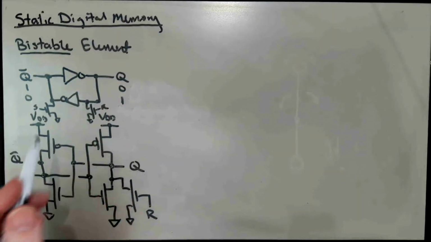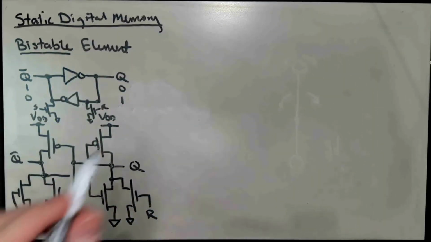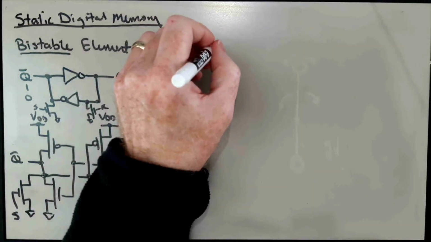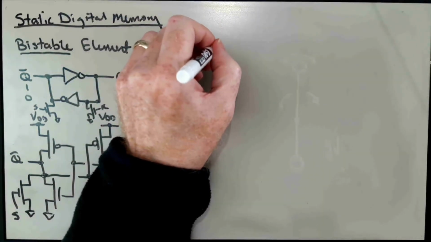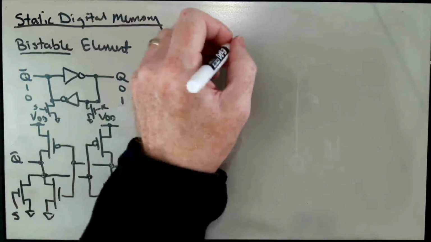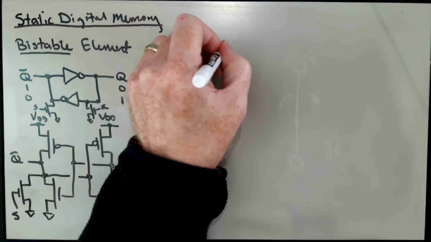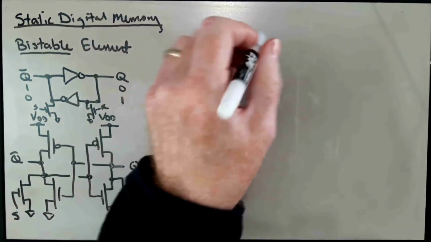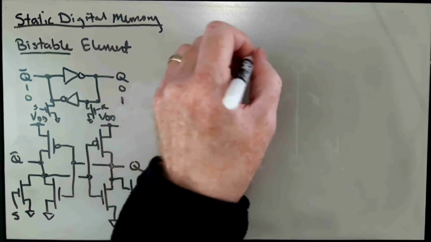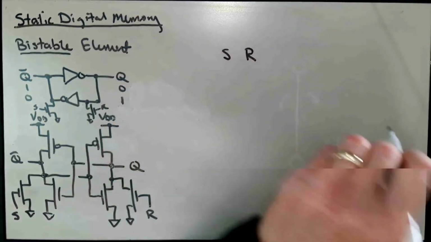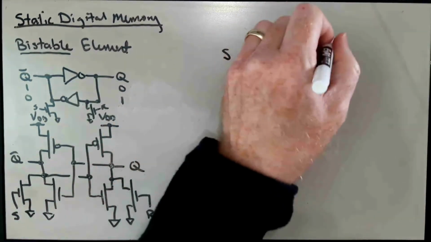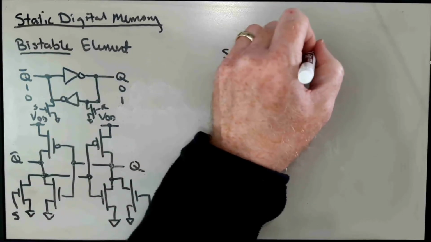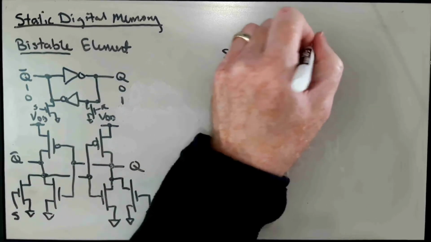And in this case, if we assert S, let's see, how do we do this? So S and R, and then we'll say Q, and Q bar.